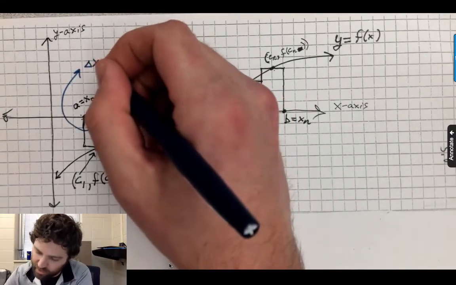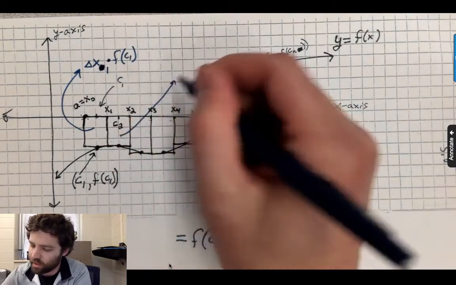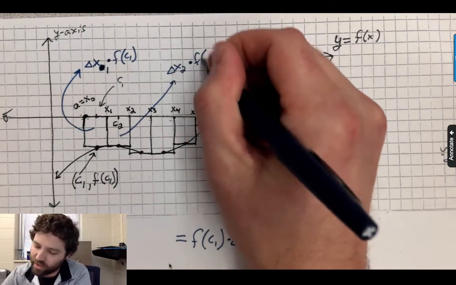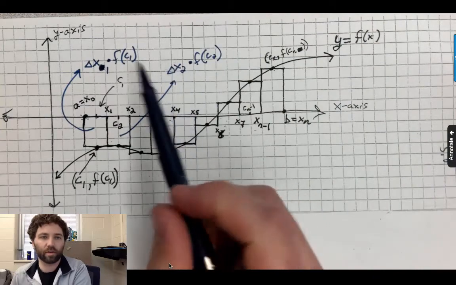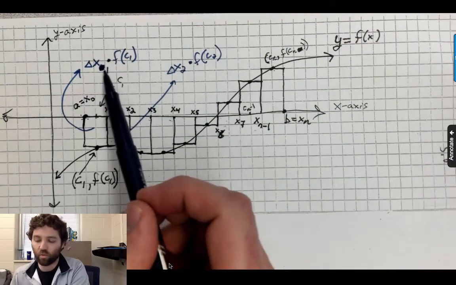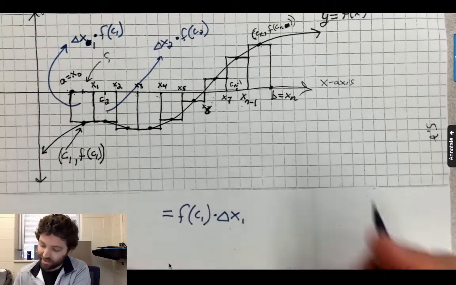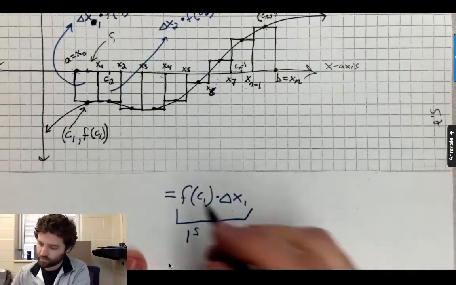We should probably just keep this as x sub 1. Okay, then the area of the second rectangle here would be delta x sub 2 times f of c sub 2, right? And that will just keep going on, okay? So n generally, but 1 for this first specific rectangle. So my apologies on that one. So this is the first rectangle.